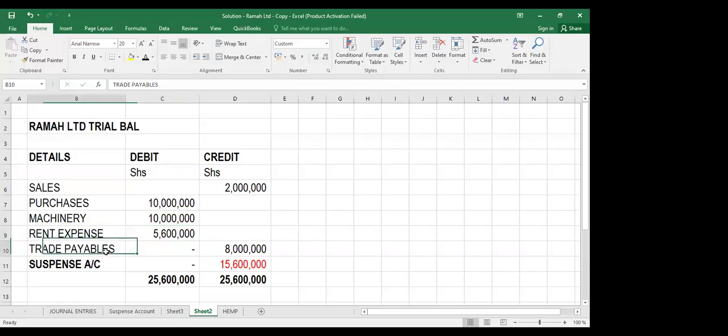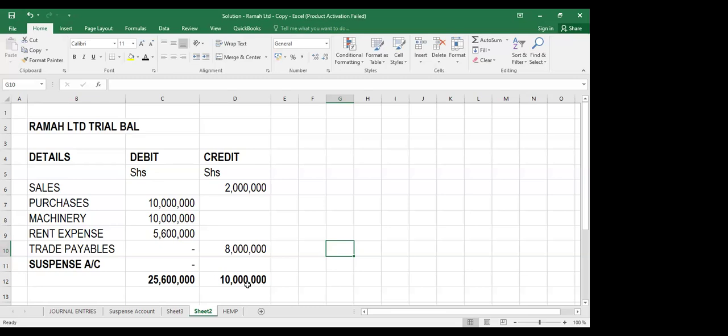Then your trade payables had 8 million credit balance. So after you've entered these totals in your trial balance, you realize your debit side has 25.6 as its total, and your credit side has 10 million as your total.